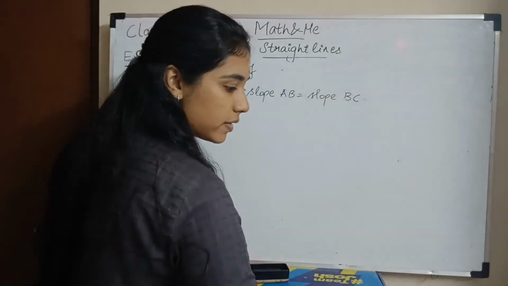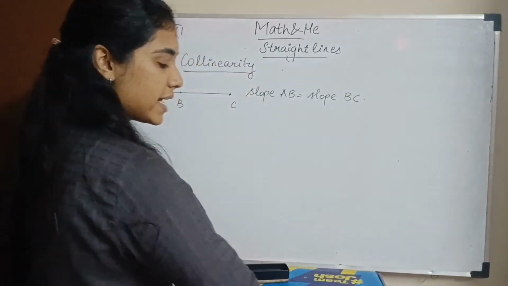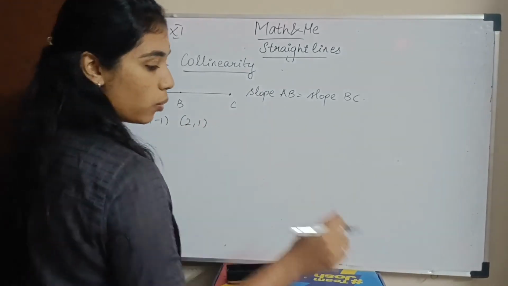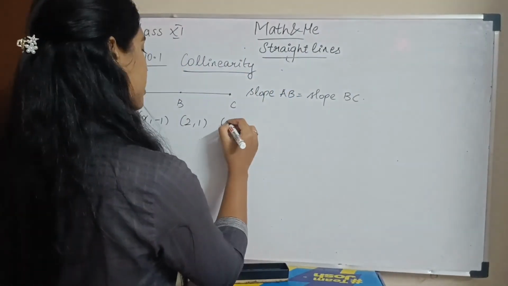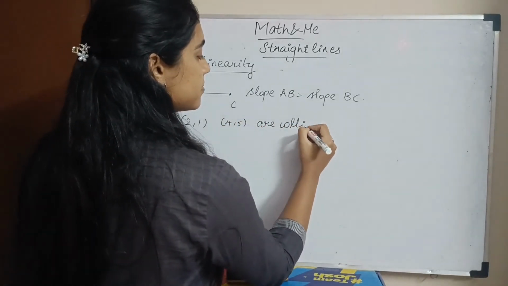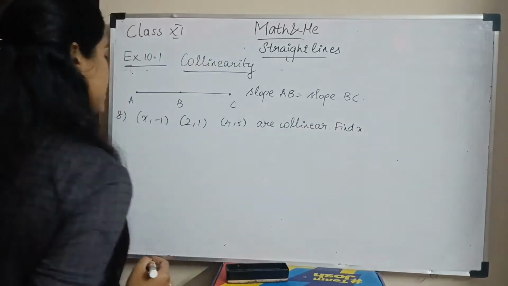So let us solve question number 8. It is given that points (x, minus 1), (2, 1) and (4, 5) are collinear. Find x. So what does that mean?